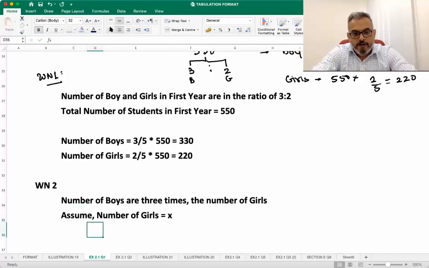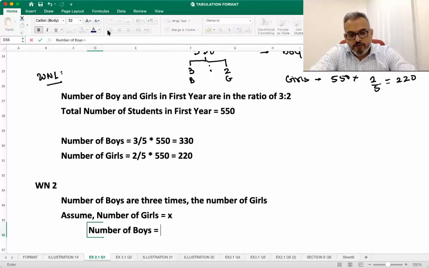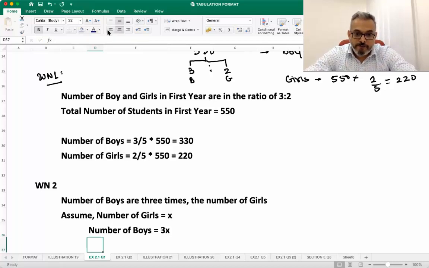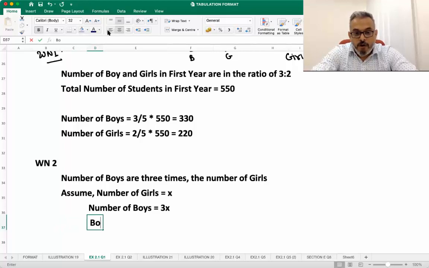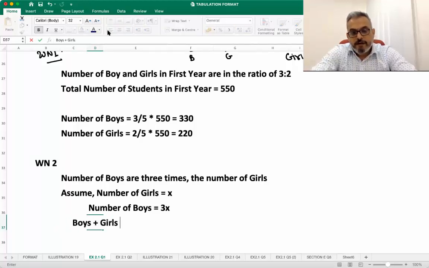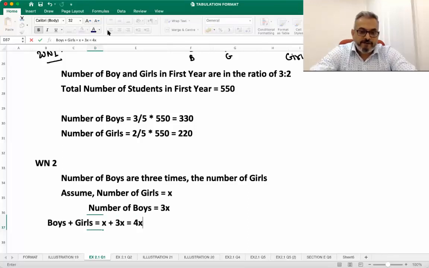So number of boys is equal to 3x. Number of boys are 3 times the number of girls. So now, pay attention everyone, boys plus girls is equal to x plus 3x, which is equal to 4x.